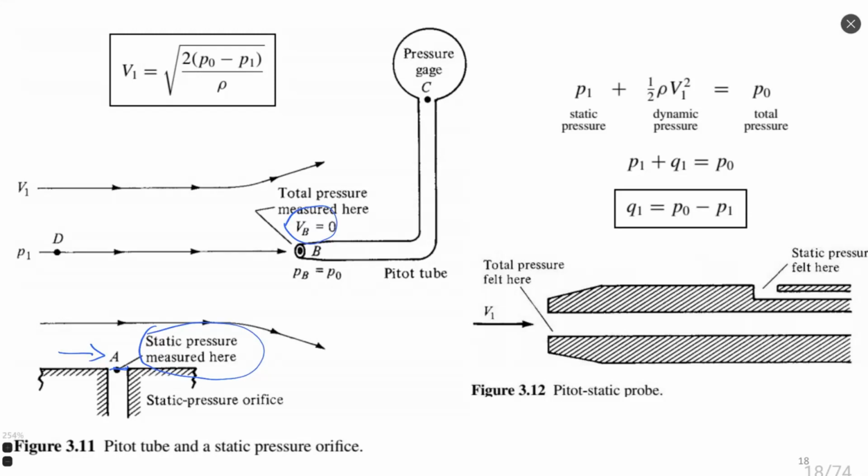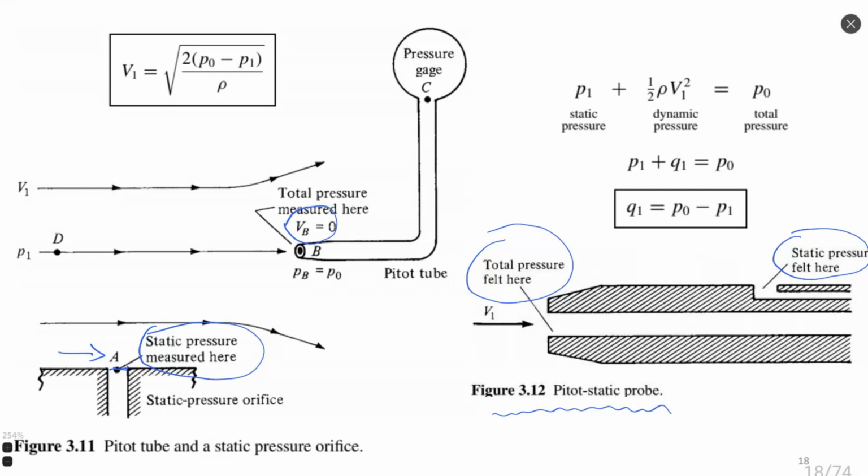Usually these two orifices are combined inside one sensor. It's called a pitot-static probe, where we find the total pressure measured at the front point of the tube, and the static pressure is measured on the side of this tube. It can be one orifice or several orifices, depending on the structure or model of the tube.